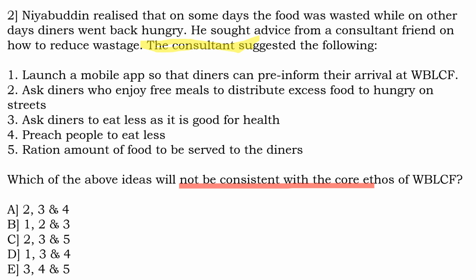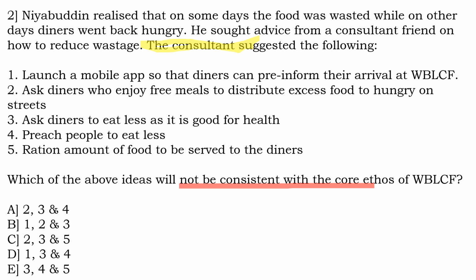Eating less or eating more is not the purpose of Niyamuddin. He is not worried about health, or whether to maintain the health. All these things are not the objective of Niyamuddin's initiative. So asking diners to eat less is not going to be a priority for him. Then preaching people to eat less, again the same thing. Options 3 and 4 are talking about the same thing, so they are not priorities for Niyamuddin.